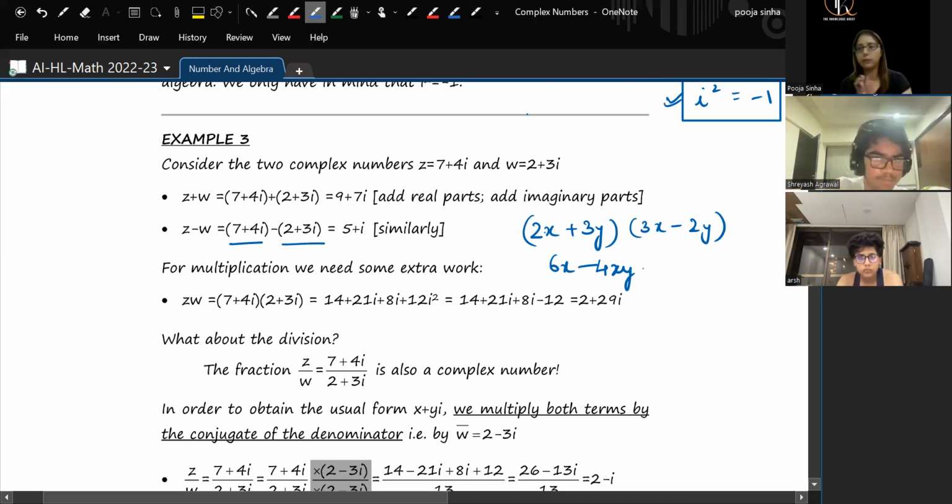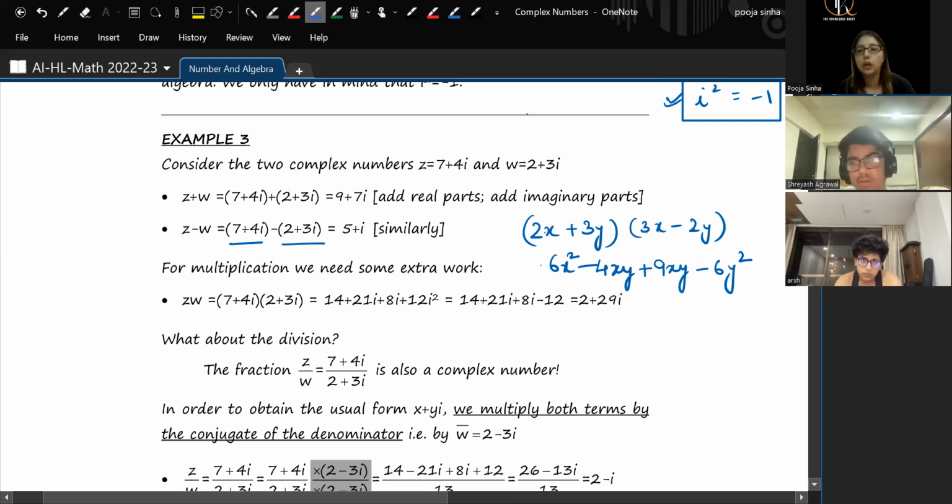I can multiply two unlike terms. Then 3y and 3x, 9xy, plus 9xy. And 3y and minus 2y, minus 6y square. And 2x into 3x is 6x square.